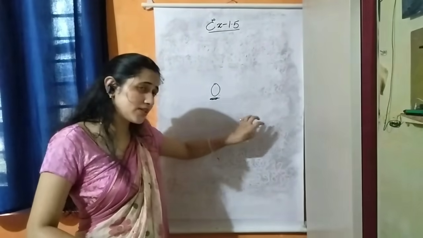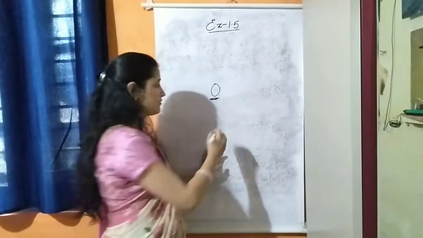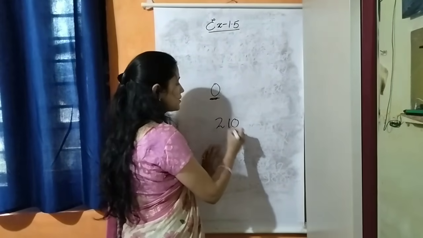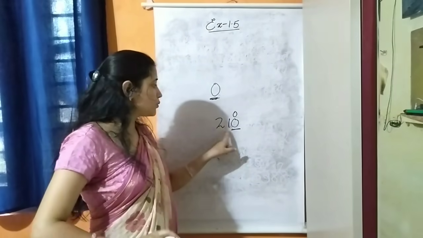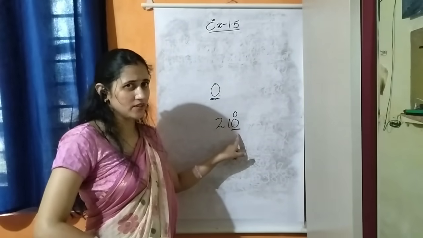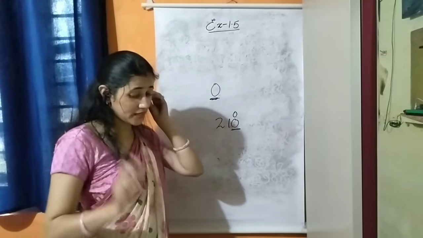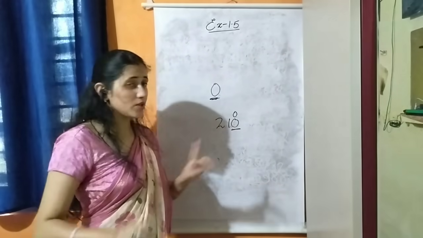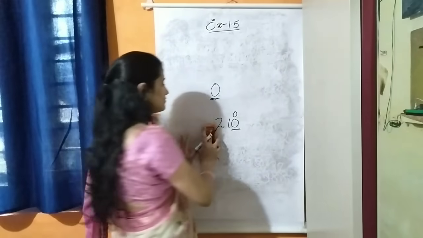Only if 0 is at the ones place of any number, that number is even. Okay, 2110, at ones place we have 0, that means 2110 is even, but 0 itself is not even. Okay, make sure students, 0 is neither an even number nor an odd number. Okay?